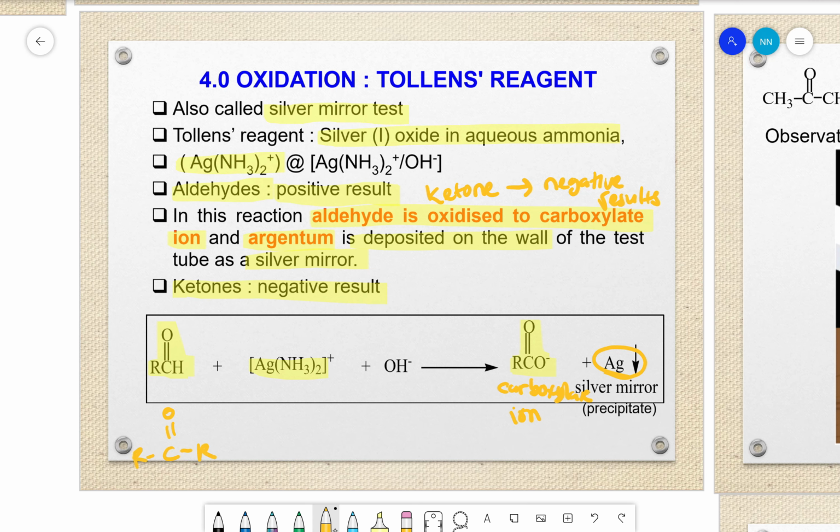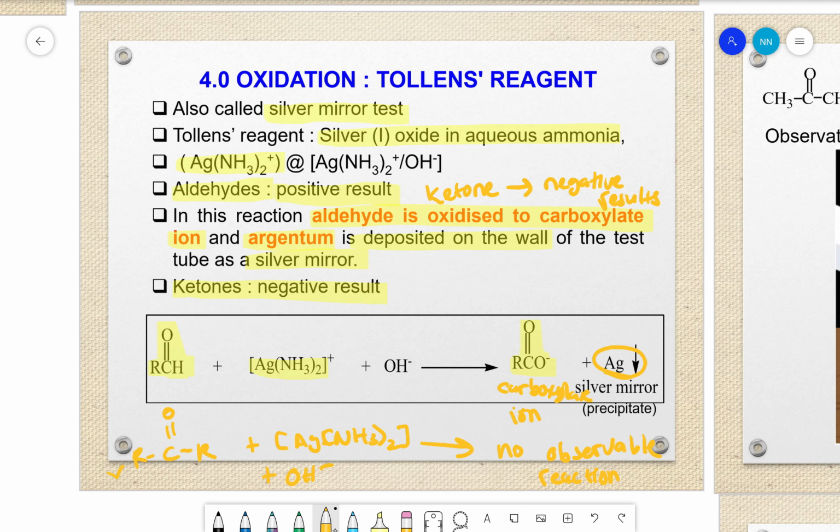If you have a ketone, you would write it in the same way, but there will be no observable reaction. The reaction doesn't proceed. You won't produce a carboxylate ion or a silver mirror for a ketone. For an aldehyde, you would produce a carboxylate ion and a silver mirror.